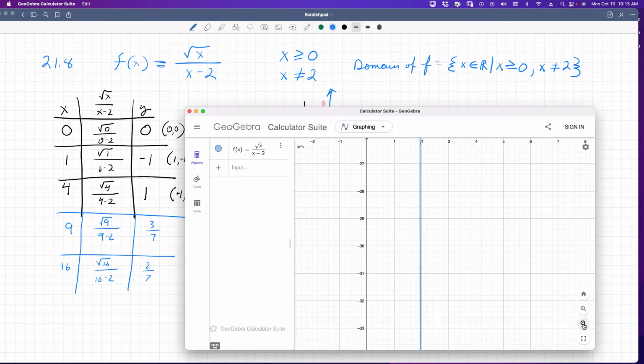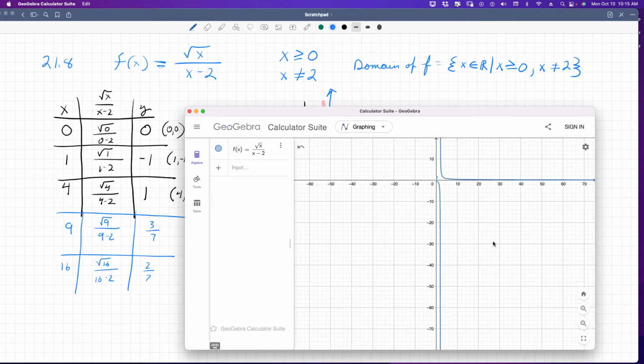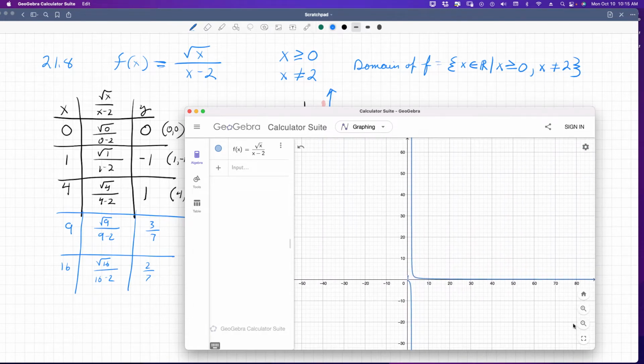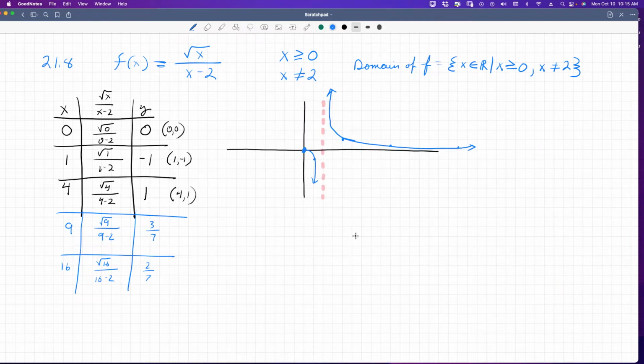So we back up, and that is what our domain and range will look like. So what that means for our range is that the range of f is equal to y being a set of all real numbers.